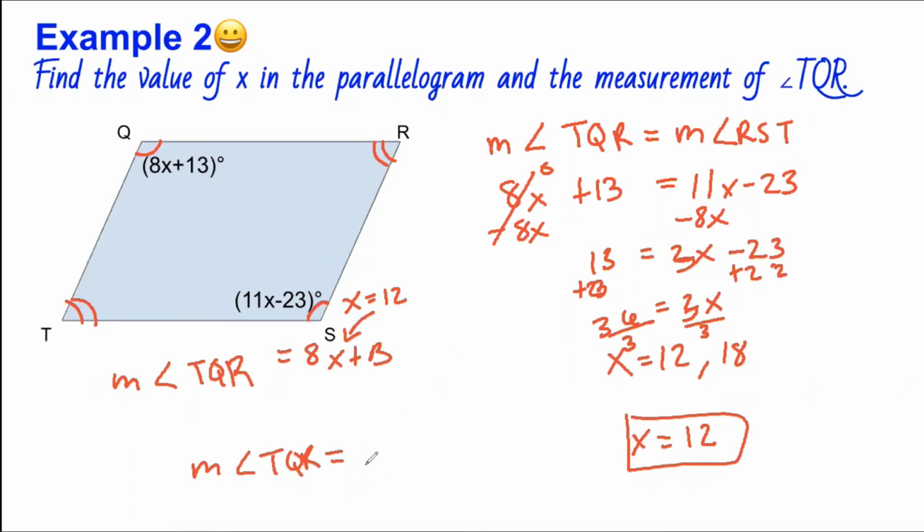I already have two measurements, 109 and 157. Okay, James corrected himself. And that is correct. Measurement of TQR would equal 109 degrees.